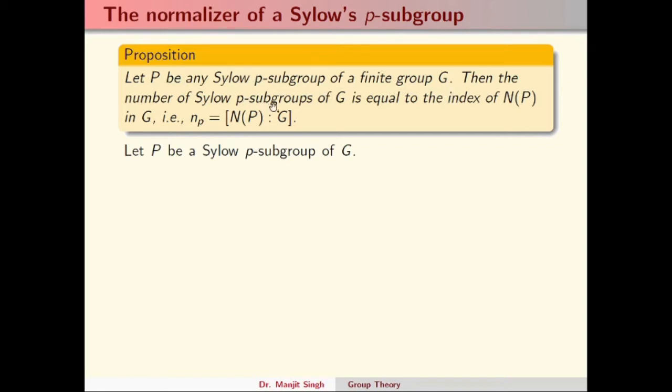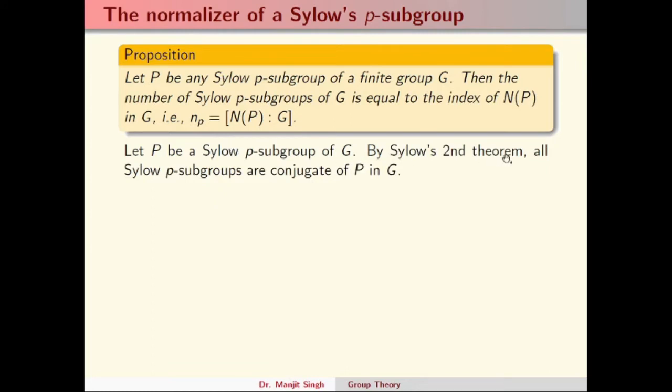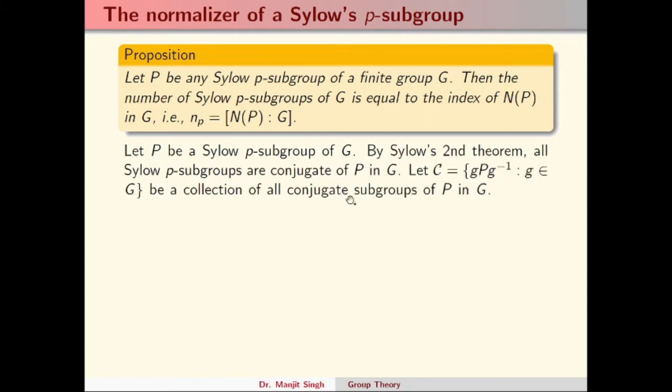Then the number of Sylow P subgroups of G is equal to the index of NP, the normalizer of P in G. By Sylow second theorem, we know that all Sylow P subgroups are conjugate. Let C be the collection of all conjugate subgroups of a Sylow P subgroup P. Then C contains NP distinct elements.